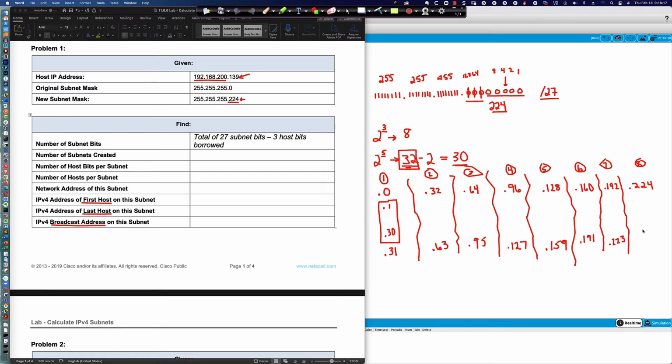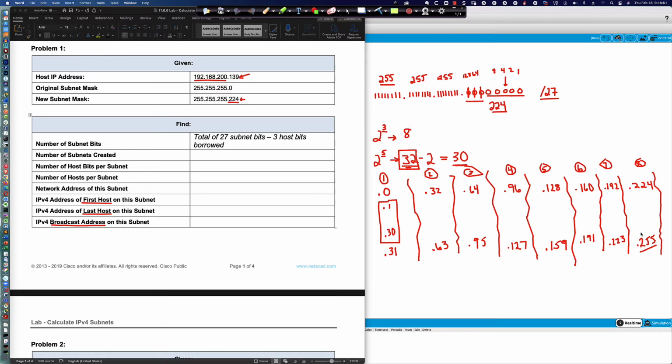And then finally we get to this last guy here, right? Now this may raise some questions because we don't have another subnet over here. We got our 8 subnets. So here's how you would figure this address out. And it might be intuitive for you to figure it out and say, well, it's got to be 255, and you would be correct. Because remember, that is the maximum decimal value that we can get from any octet. With all bits on, the maximum decimal value is 255.